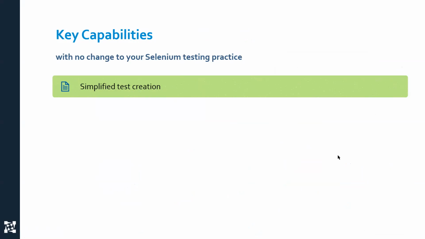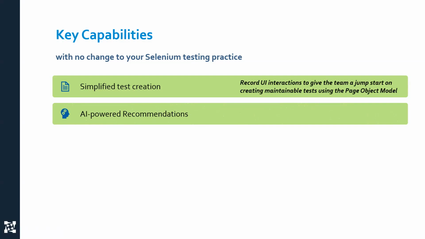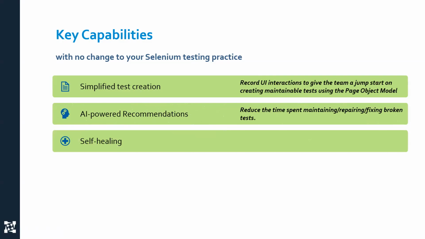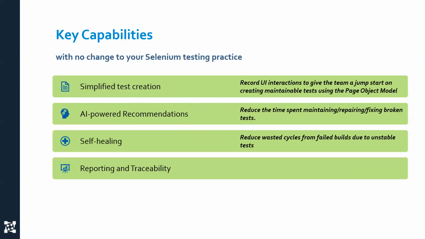Then we're able to provide AI-driven recommendations to give feedback to the power users as to how to maintain or update and fix the tests. We can self-heal those at runtime, so we can reduce cycles associated with failed or unstable test builds as part of your CI/CD pipeline.